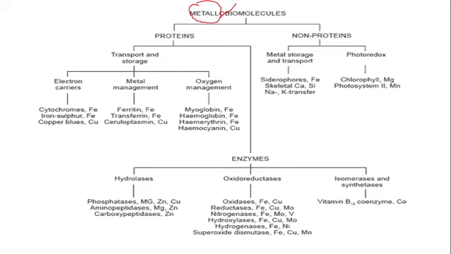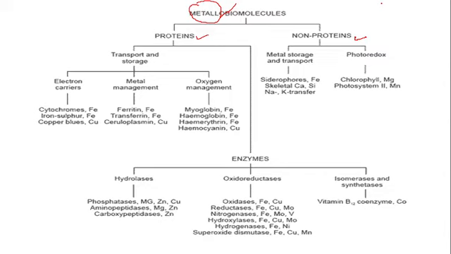That's why these molecules are called metallobiomolecules. These metallobiomolecules are divided into two types, that is protein and non-protein. This is our syllabus, you can say. All the topics included in this chart we will learn in detail afterward.